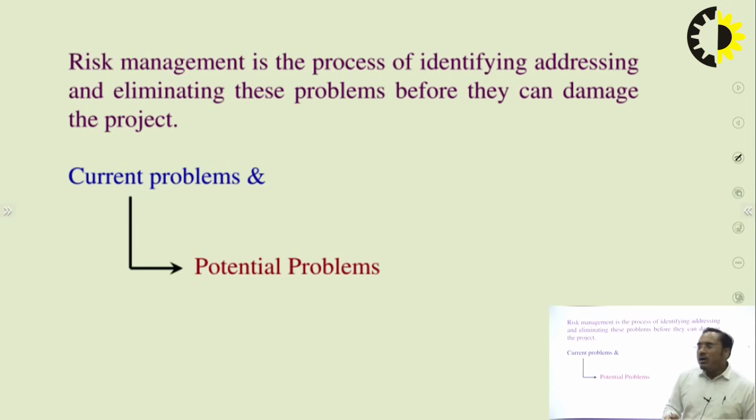Okay. Now I am going to discuss risk management, which is the process of identifying, addressing and eliminating problems before they can damage the project. So risk management means we are going to find out the risk factors, what the risk factor is at the current level or initial phase, and what risk factor is a potential problem. It may be influenced by the current problems, and can be inherited by the potential problem.